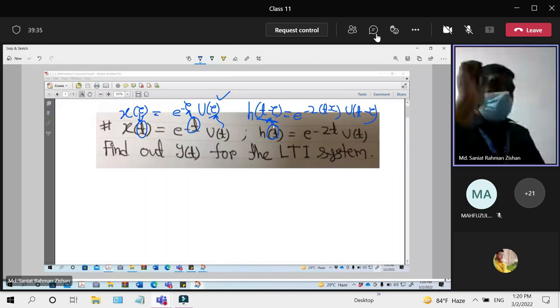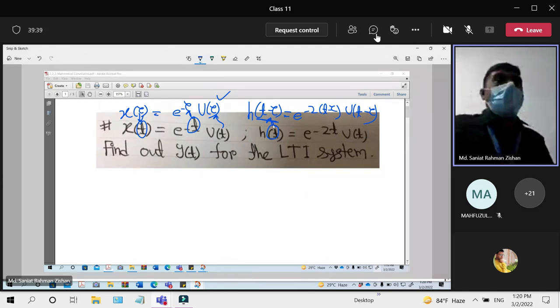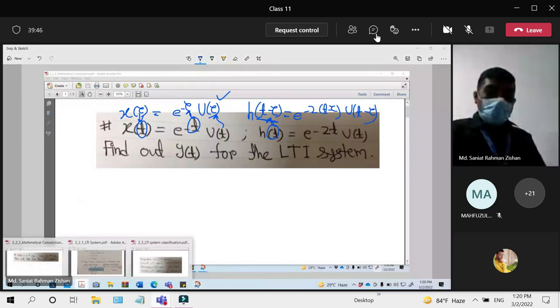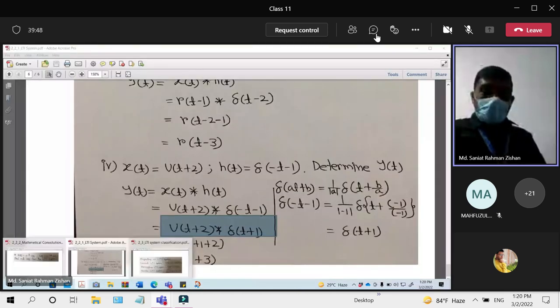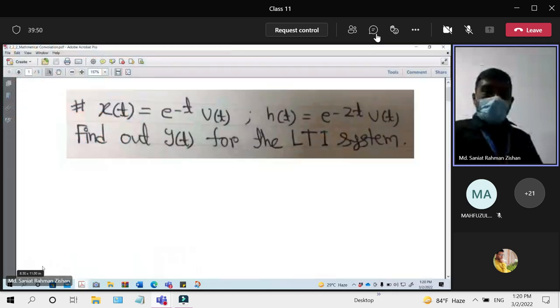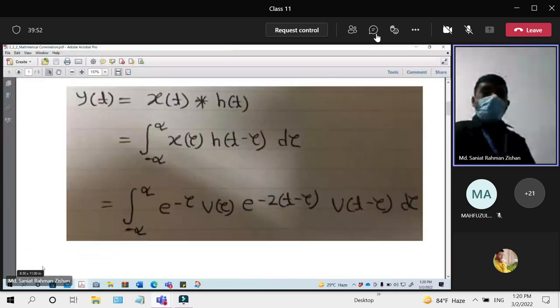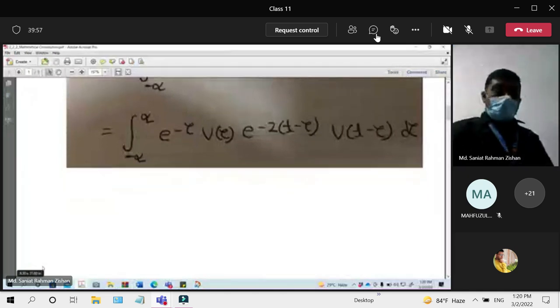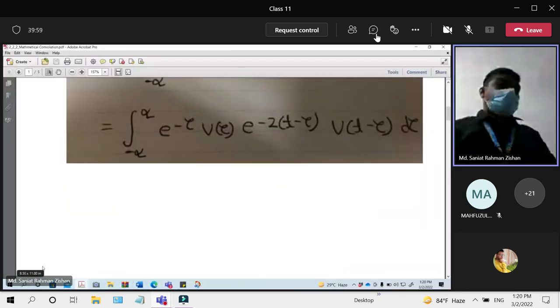So look, if xt and ht are given, very easily we can calculate x tau and ht minus tau. So that's what I have done here. I have calculated the value of x tau and ht minus tau and dropped the values here. Now again, it's all about mathematics.